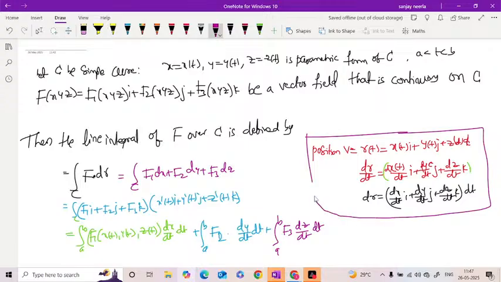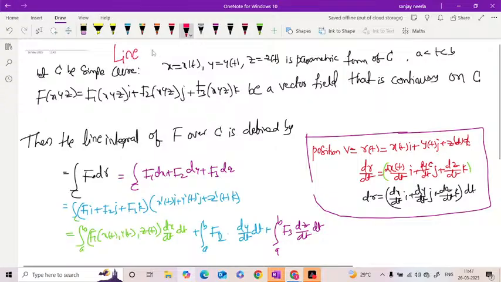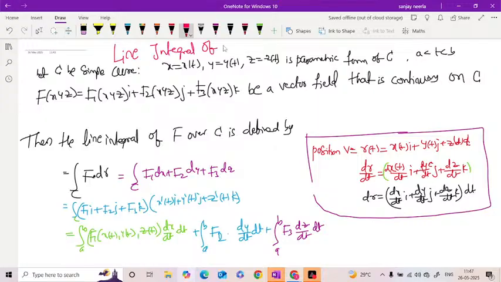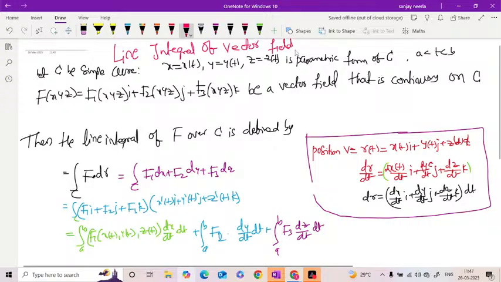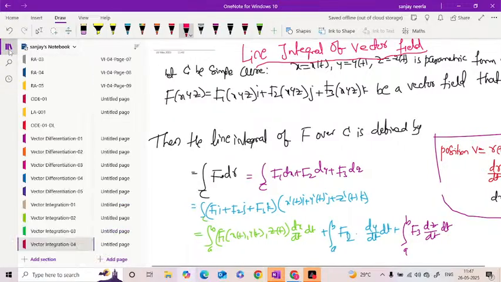Now this is the line integral of a vector field. Now we will see two problems in this. After that I will give the homework problem. Now the second one is the line integral of a vector field.